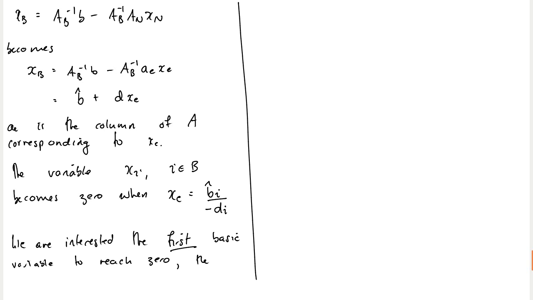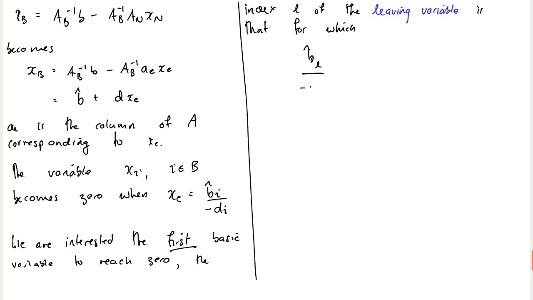Okay, so the index L of the leaving variable, I made that blue like before, is that for which b hat L over negative dl is the smallest of those various values of b hat i over negative di.